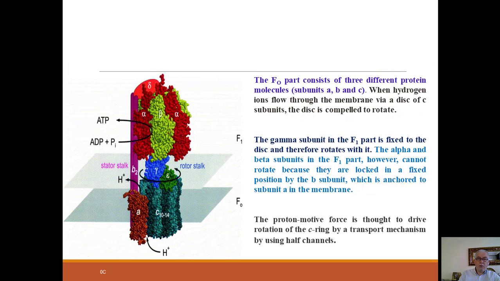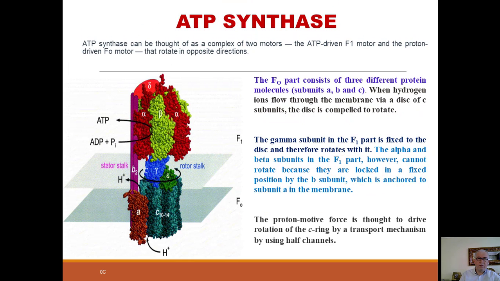When we look at the structure, ATP synthase can be thought of as a complex of two motors, as I told you: the ATP driven F1 motor and the proton driven F0 motor that rotate in opposite directions. Also, the F0 part consists of three different protein molecules: subunit A, B, and C.